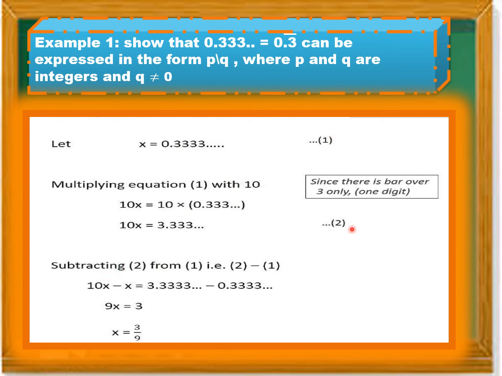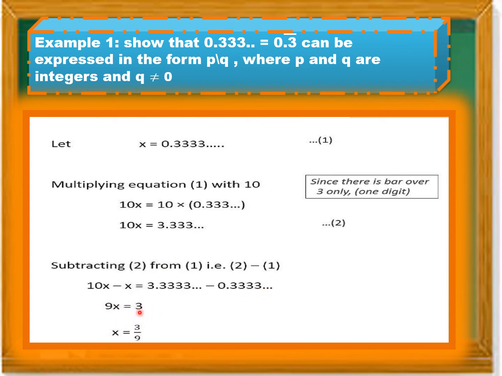Subtracting equation 1 from equation 2: 10x minus x on the left hand side, and 3.333 dot dot dot minus 0.333 dot dot dot on the right hand side. When you subtract 10x minus x, you get 9x, and 3.333 dot dot dot minus 0.333 dot dot dot gives 3.